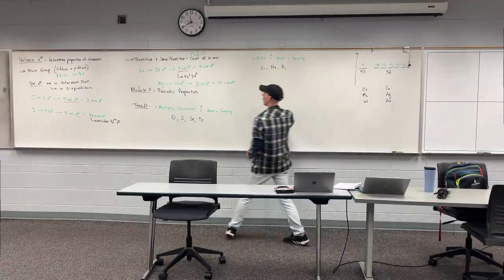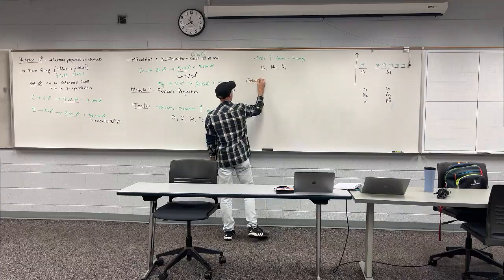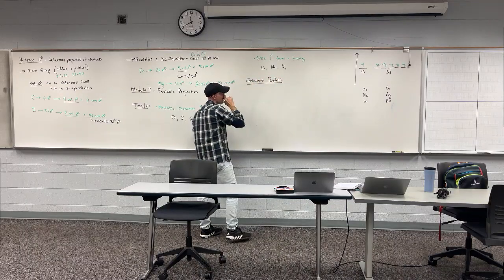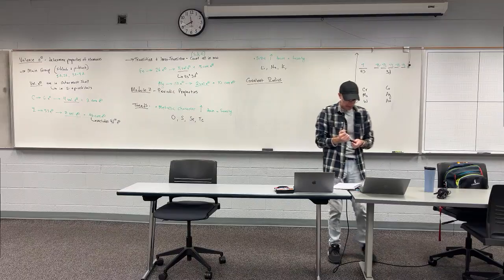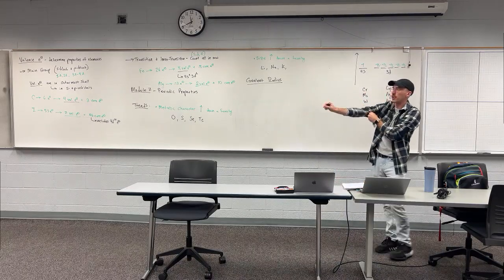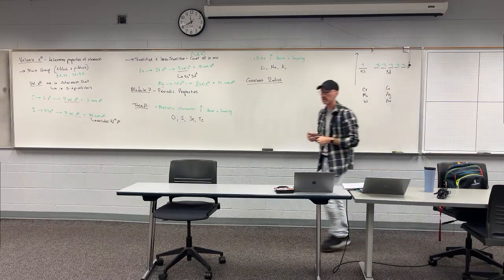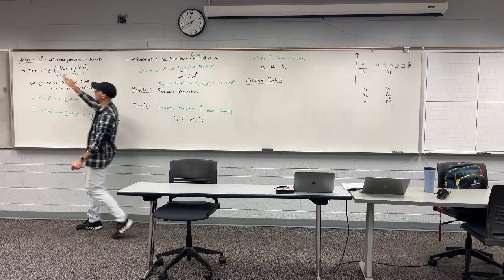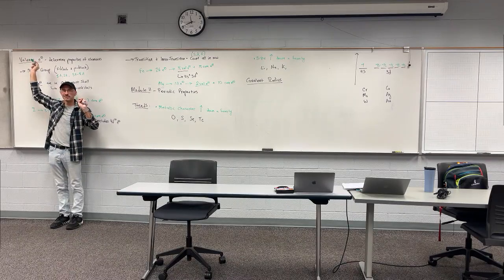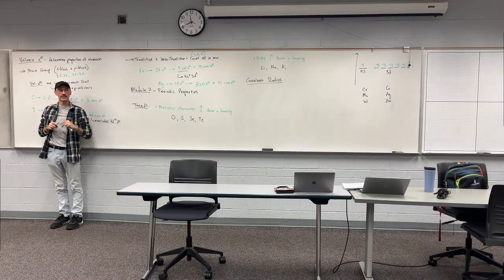Here I think I actually want to get into our covalent radius. When you hear that word covalent, what other word on the board does it make you think of? Valence. And we said that valence is the electrons in the outermost shell, sometimes. So when we say covalent, what are we saying?